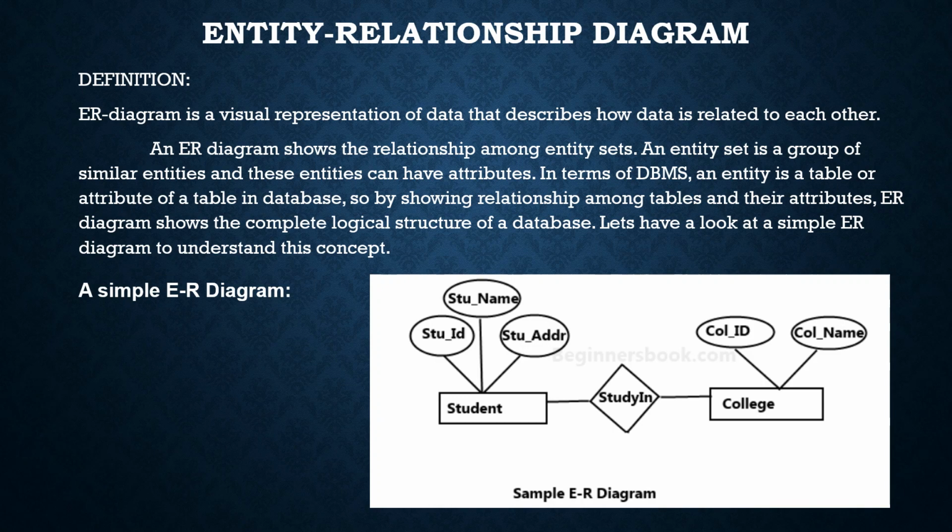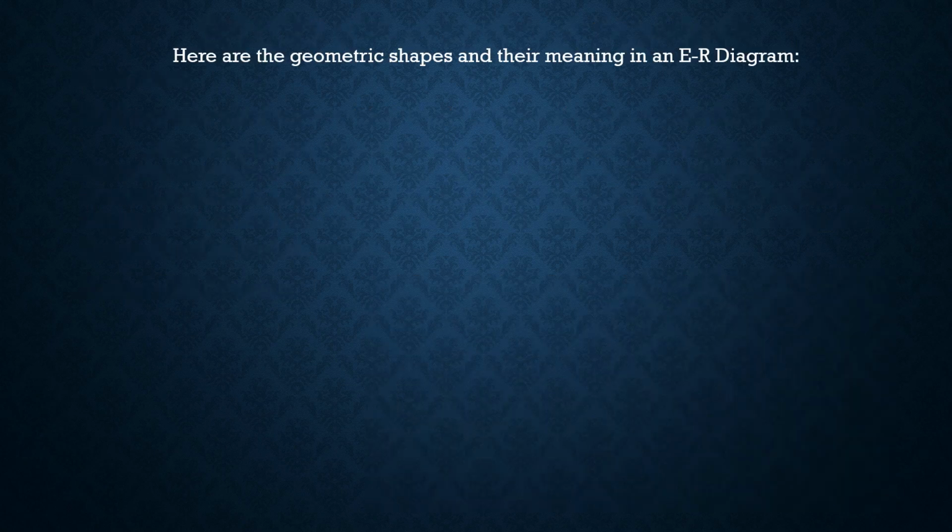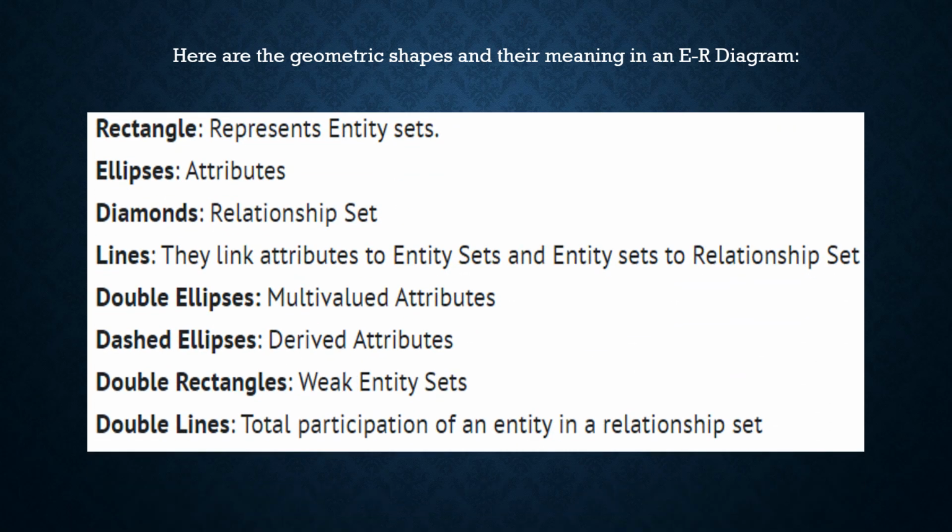This diagram shows a simple ER diagram, and here are some geometrical shapes and their meanings which are useful in an ER diagram. A rectangle represents entity sets. An entity can be represented using a rectangle. Next, an ellipse indicates attributes.